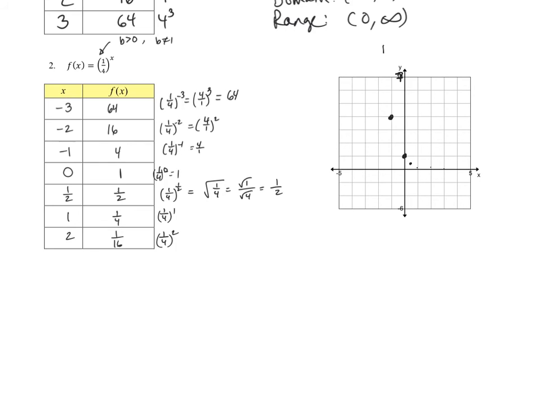So it's decreasing really rapidly, but getting closer and closer. It's not ever going to touch that horizontal asymptote. You can put in fractions for your x values. So the domain is all reals and the range is just going from 0 to infinity.